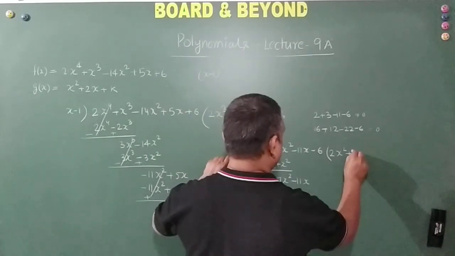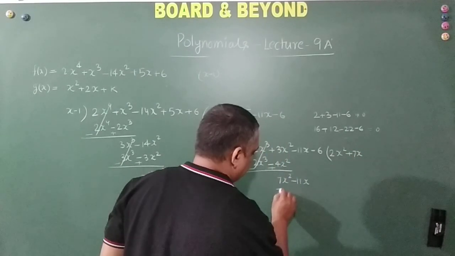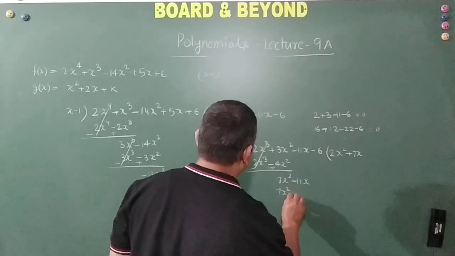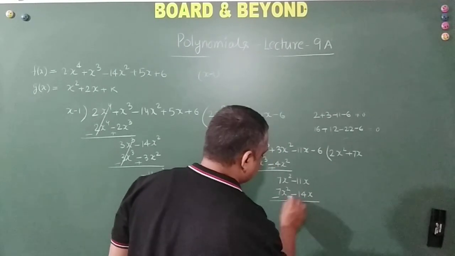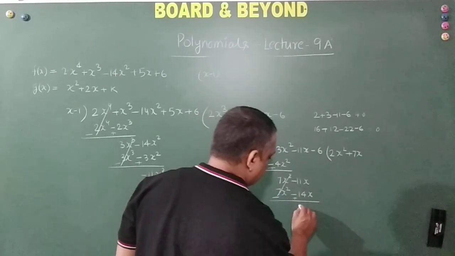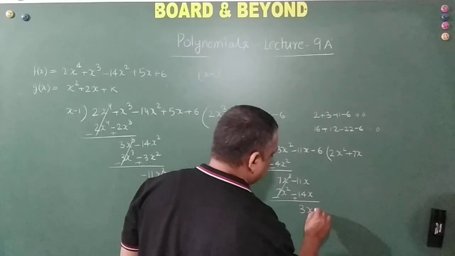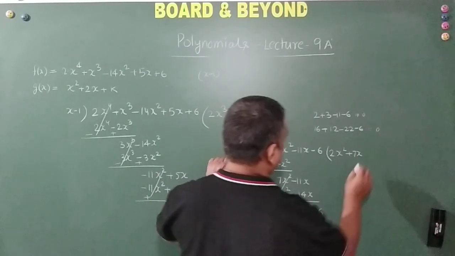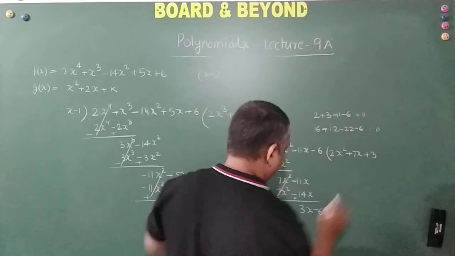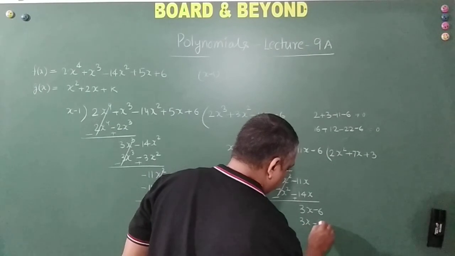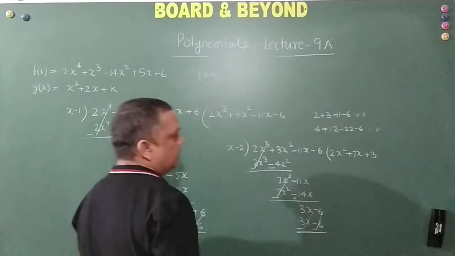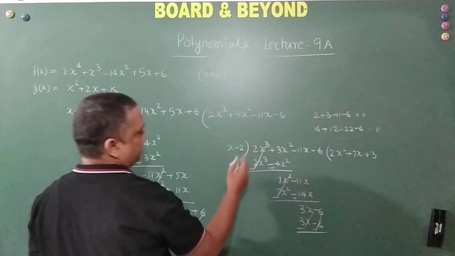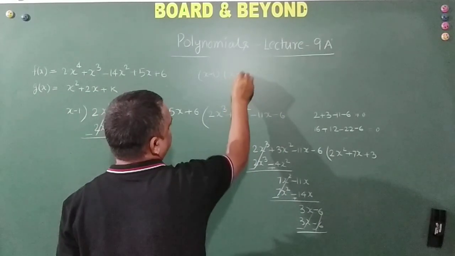So plus 7x, 7x square minus 14x. Minus plus gone. This is 3x minus 6. This and this cancel. Now one more factor for us is x minus 2.